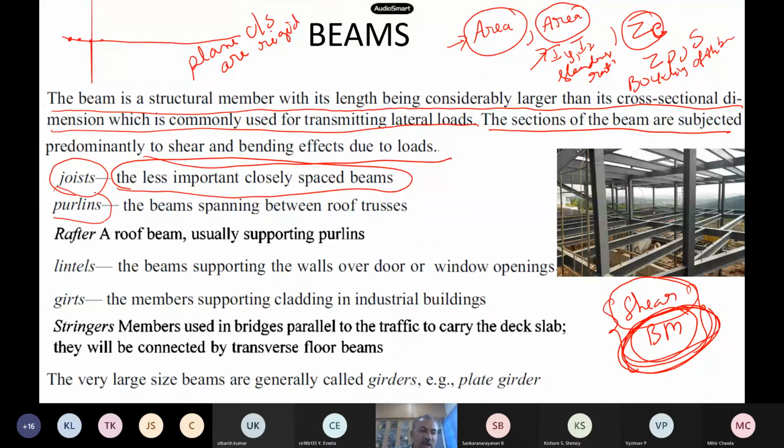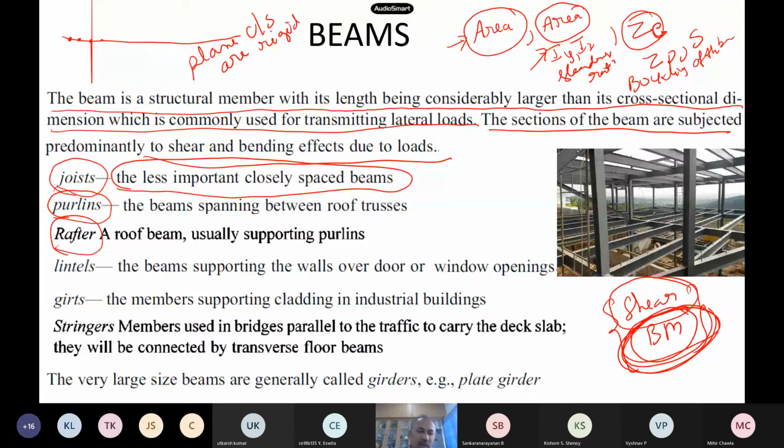Then the word purlin is used. A purlin is also a beam, but used with roof trusses, like the cycle shed or other trusses in factories. Then we have the rafter beam, which is also a beam, but supporting purlins.